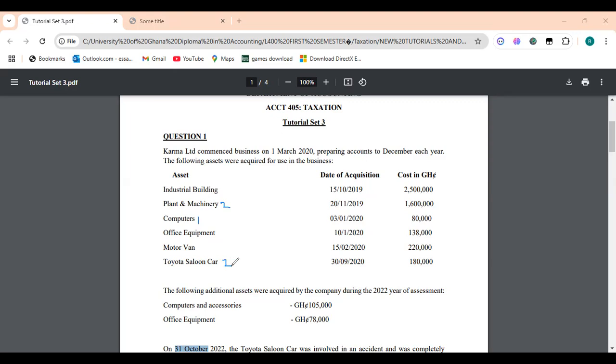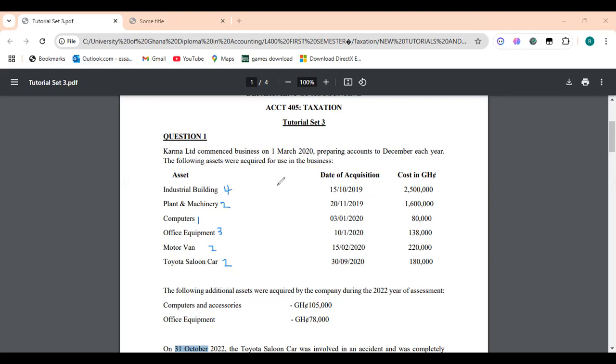And then we also have the motor van in pool two. Right. Then office and equipment will be in pool three. Then industrial building will be in pool four. That's why I said let's go over the classes of the pool before we enter here. So once you're able to identify this, the rest is a done deal.